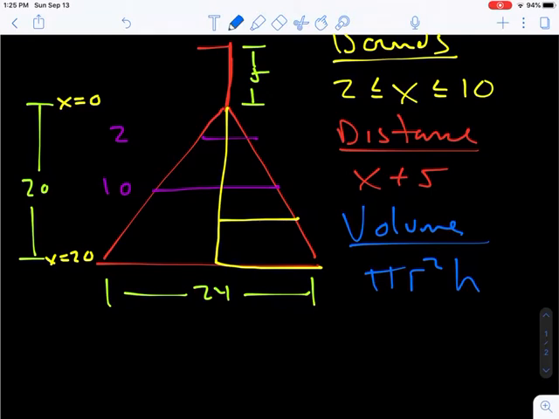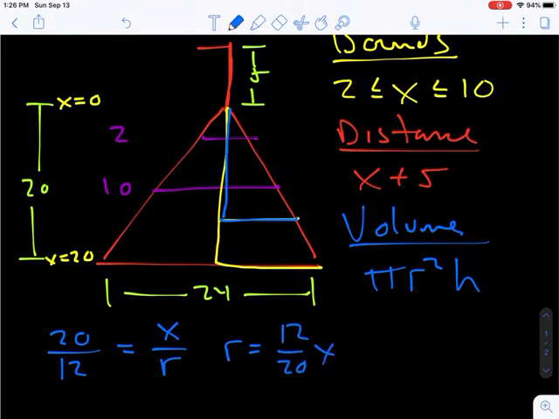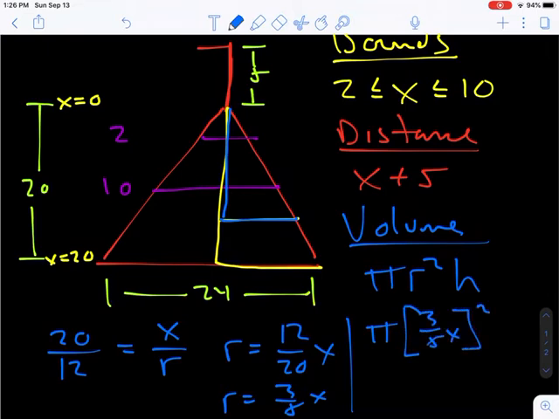The height of the tank, which is what the bright yellow lines on the tank show, 20, can be compared to the radius, 12, as any given distance x is to its corresponding radius. So the radius is going to be 12/20 x, which is 3/5 x. Putting that in here, we have pi times 3/5 x squared, and h is going to be delta x.